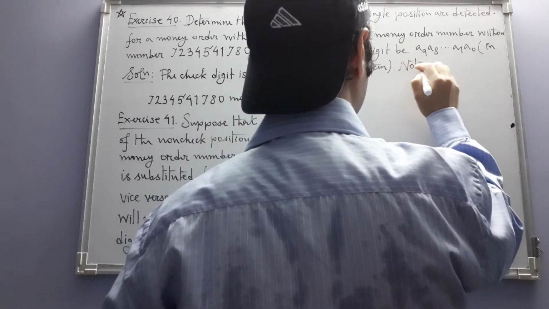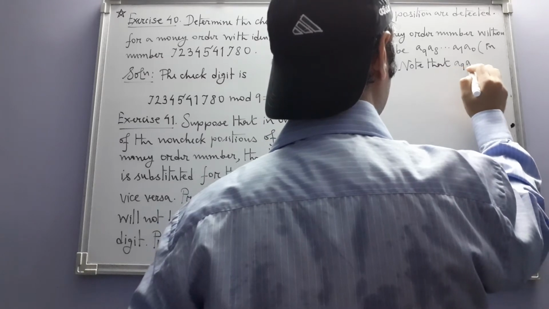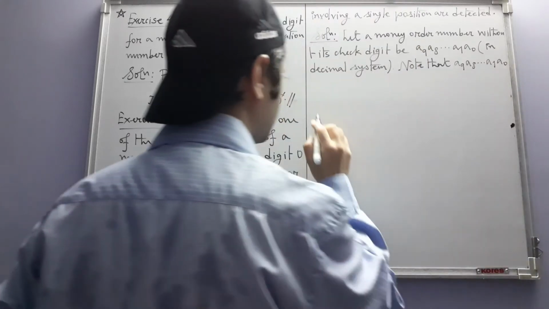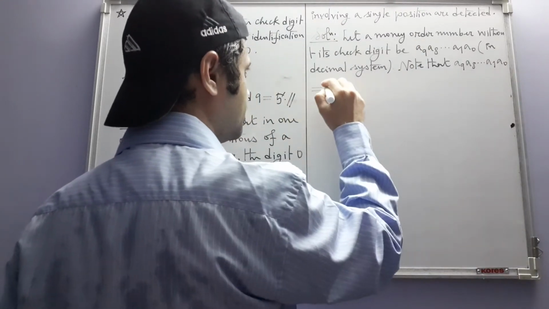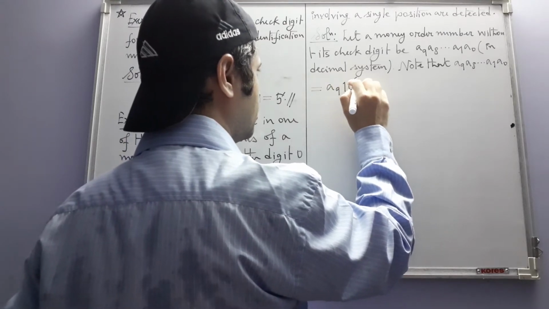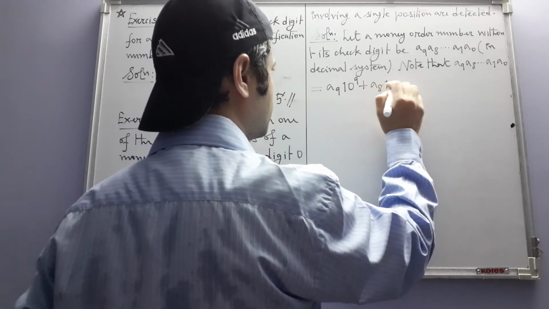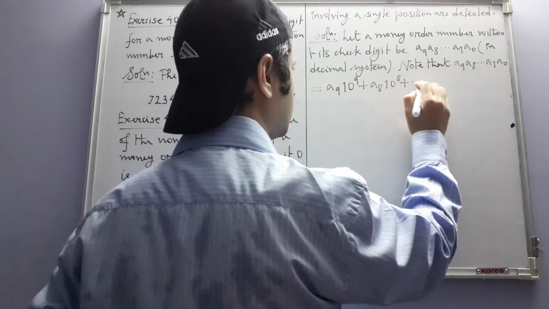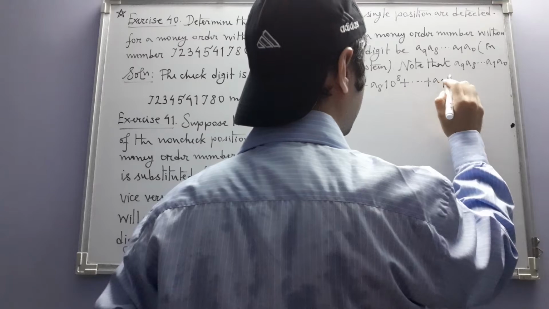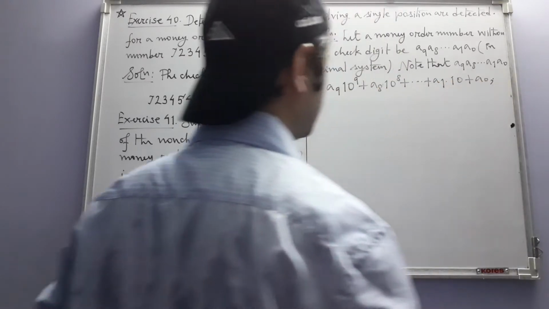Note that this number actually means this: A9 times 10 to the power 9 plus A8 times 10 to the power 8, and it will go like that, up to A1 times 10 plus A0.